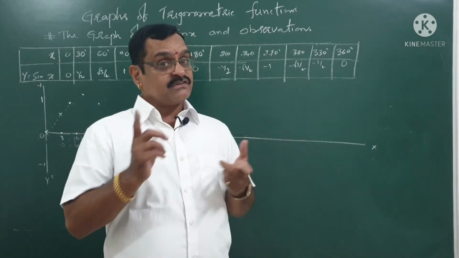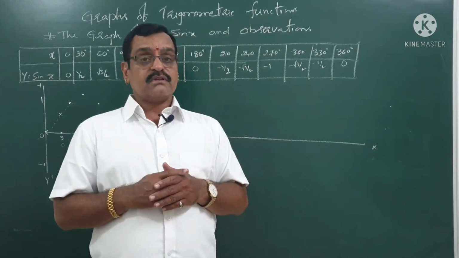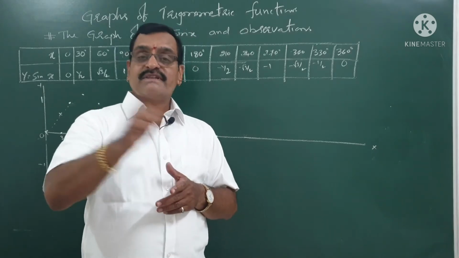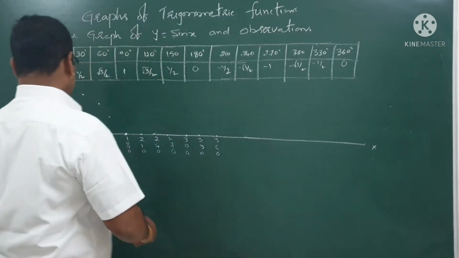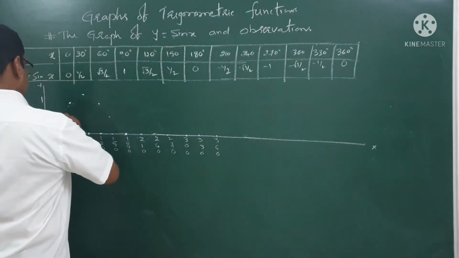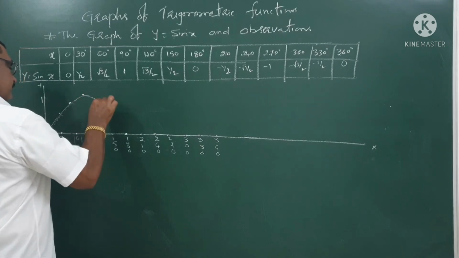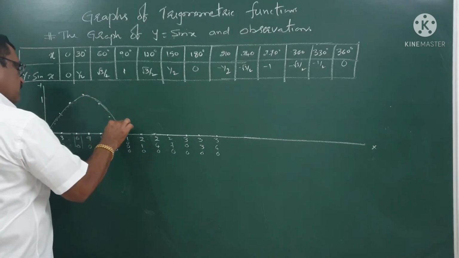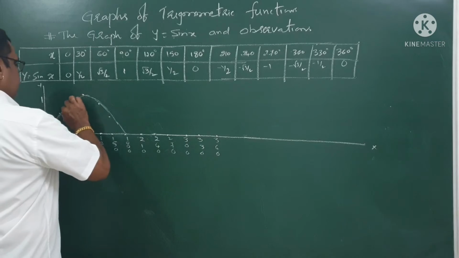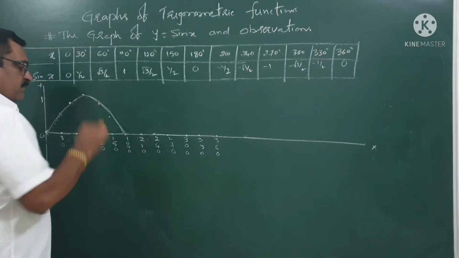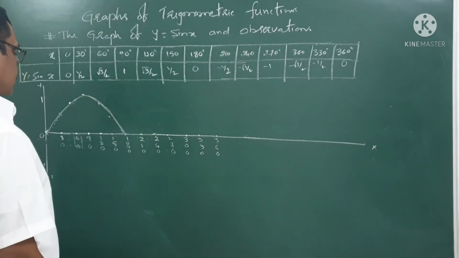Since the sine graph is differentiable, we must have smooth joining only, not with line segments. So my graph comes like this. This is the graph of sine between 0 to 180.